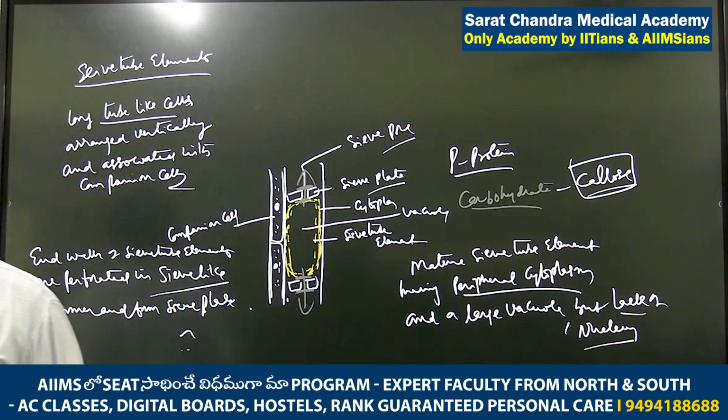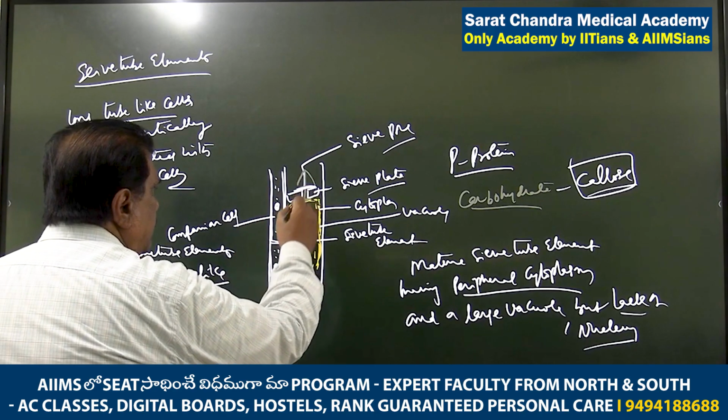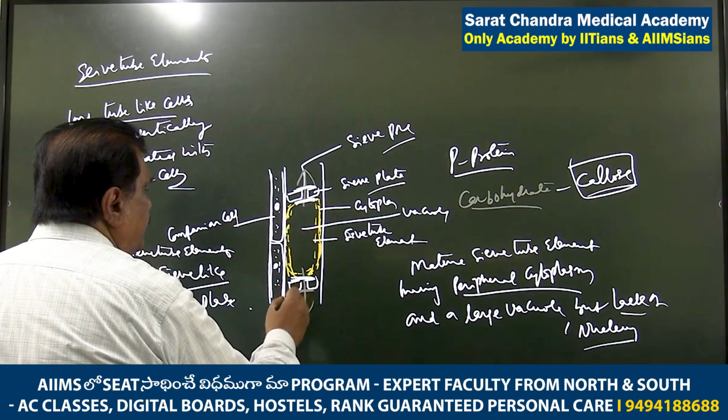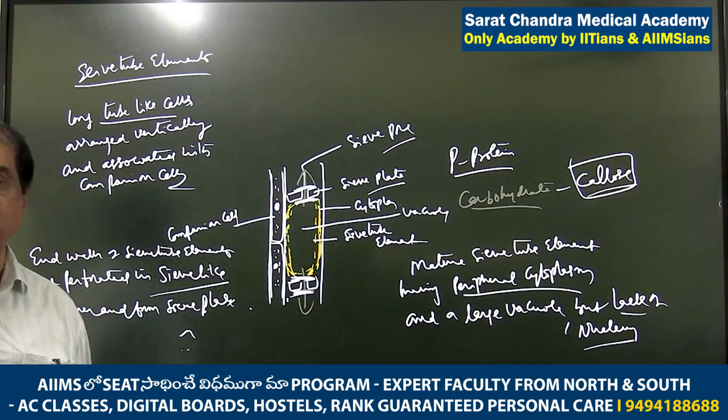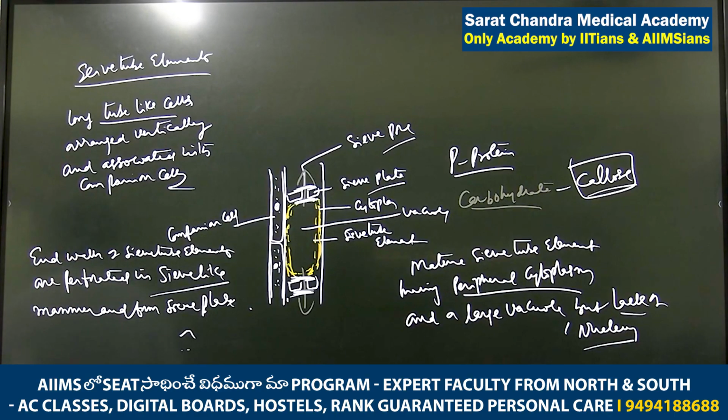In older sieve tube elements, callose, a carbohydrate, is secreted. The function of callose is the same as that of P protein. It also completely blocks the sieve pores of the sieve plate, and acts as a plug that obstructs the conduction of food materials. That is called a callose plug.